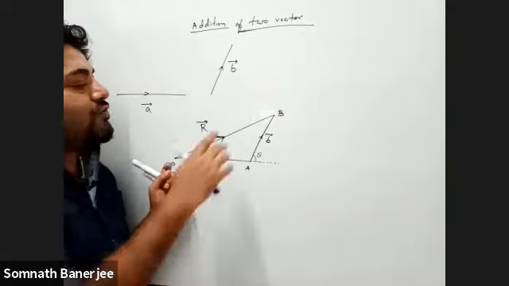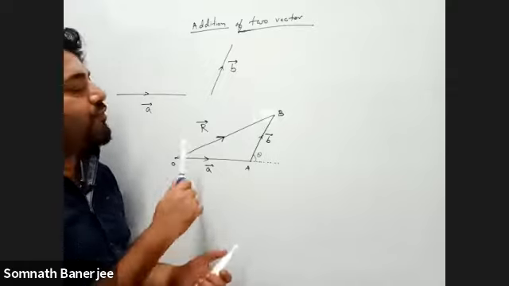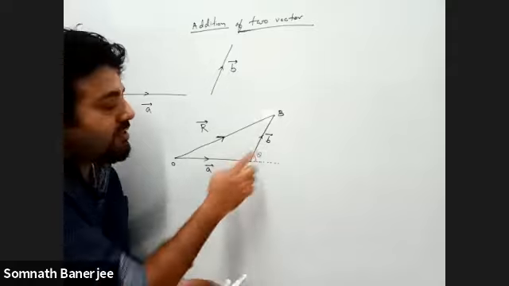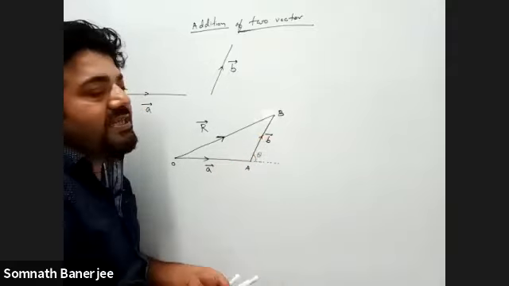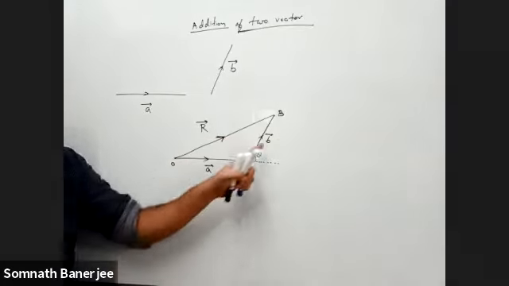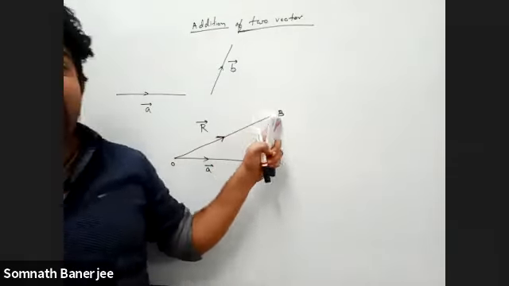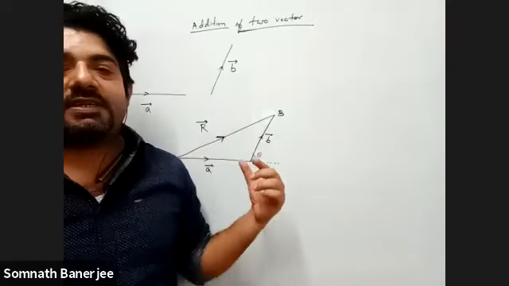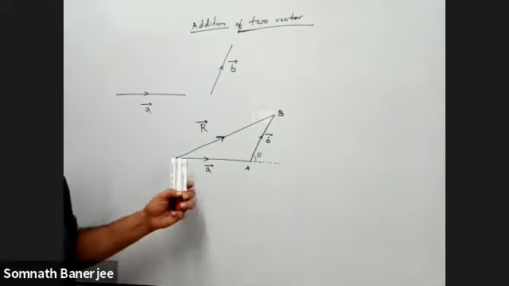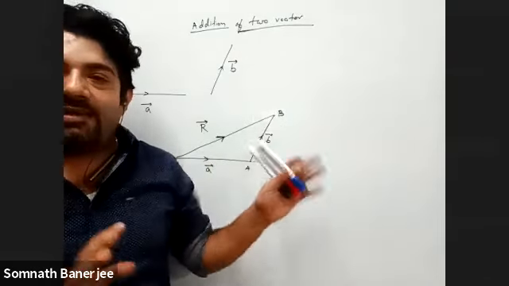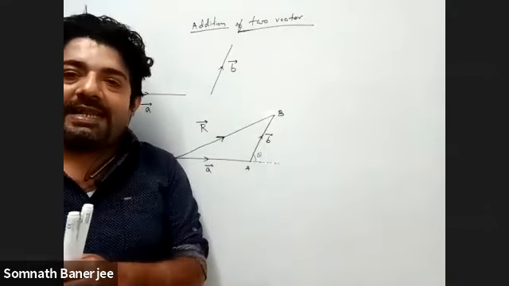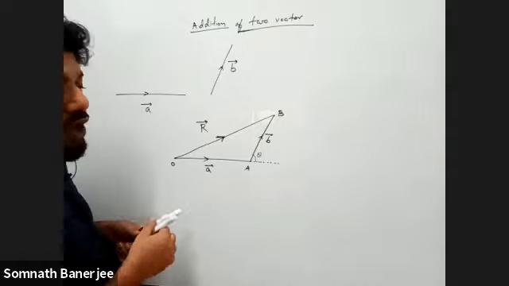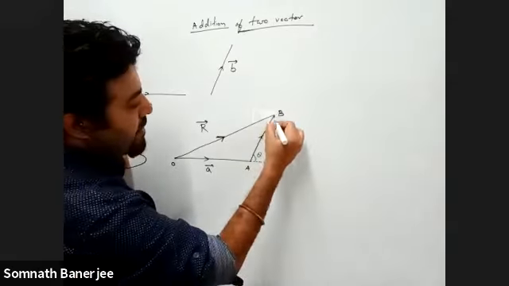When we are able to find the magnitude and direction of OB in terms of the given values A and B and the angle theta, then we can say the resultant is the addition of these two vectors, with its magnitude and the angle of the resultant, that means magnitude and direction. So the resultant is also a vector. For that we drop a normal.